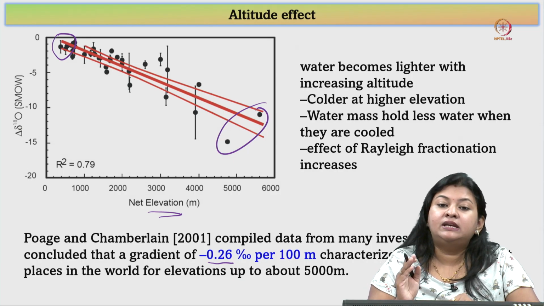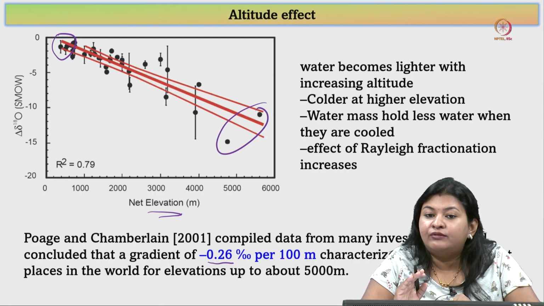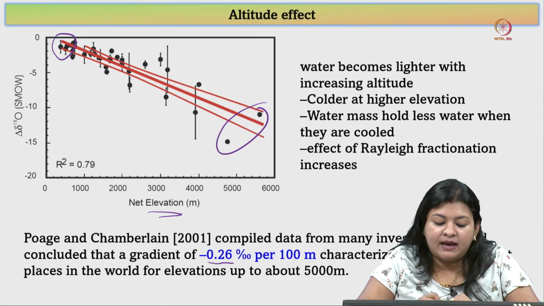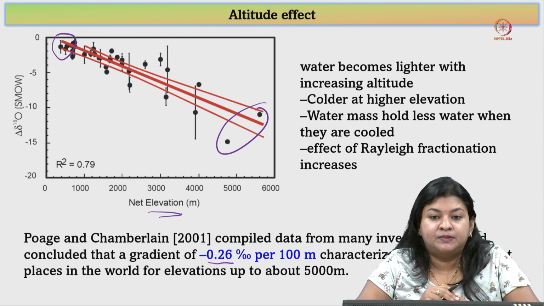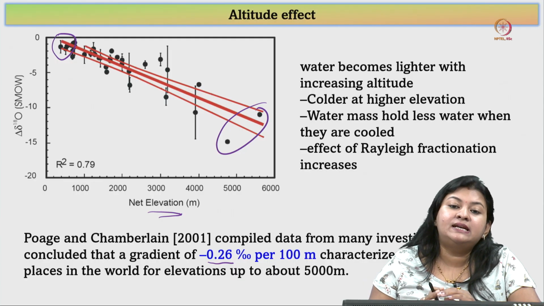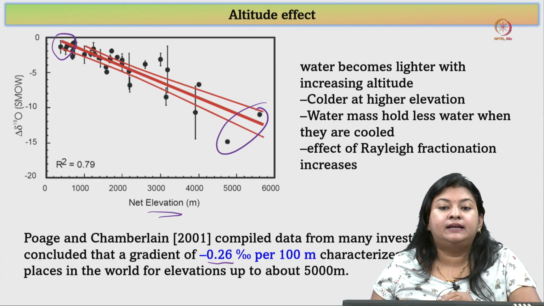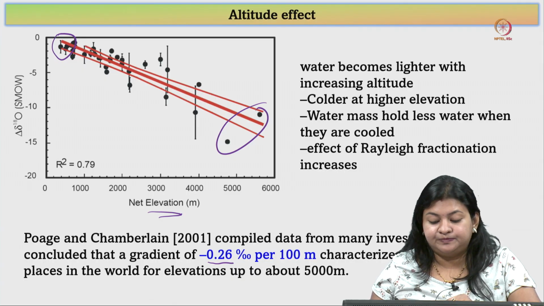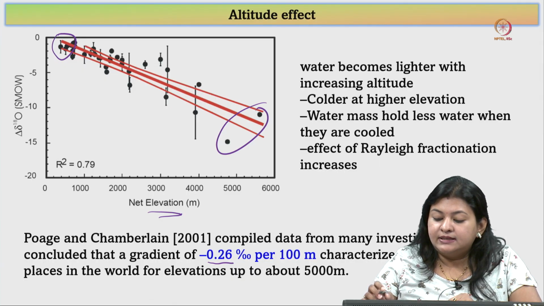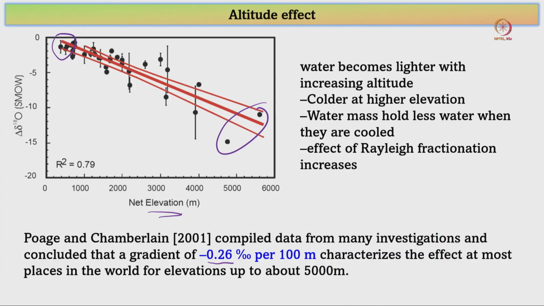So, if you are increasing by 100 meters, your delta 18O value will decrease by 0.26 parts per mil. It is a negative, so it will decrease. With the increase in altitude, there will be a decrease in the delta 18O isotope composition, and this characterizes this kind of relation.